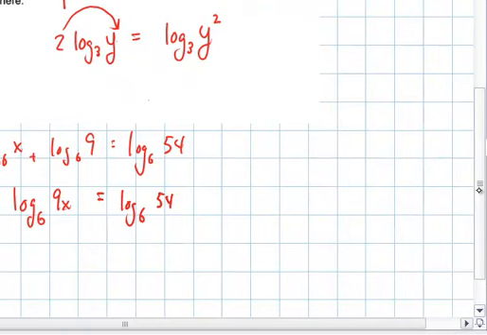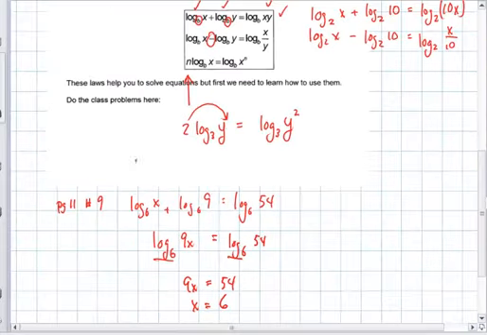Because you have the same logarithm on each side, you can just consider 9x equaling 54, and x would equal 6. So this is what you do when you have a log plus a log equaling a log. That was one type of problem we said we would take care of.